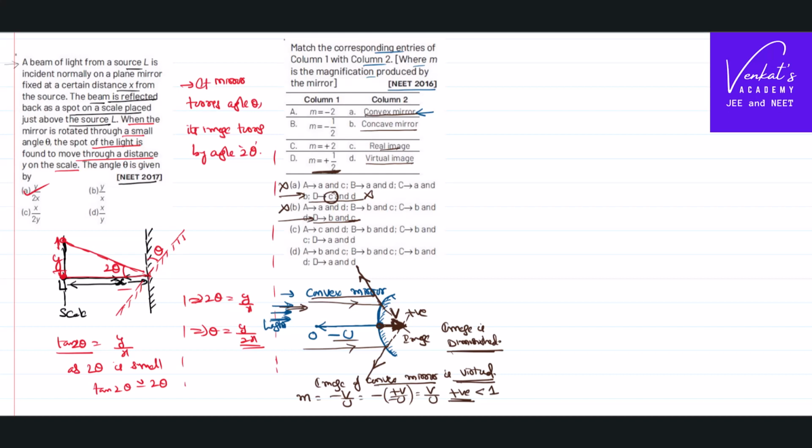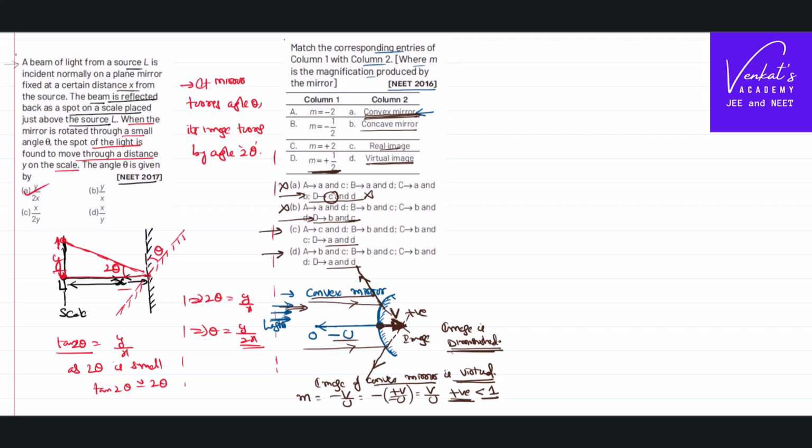So as per the understanding, a convex mirror has positive magnification less than 1 because it's a diminished image. So for this, where magnification is positive, there shall be a virtual image and a convex mirror, A and D, that are there only in options A and D, C and D. So one answer of the C and D is correct.